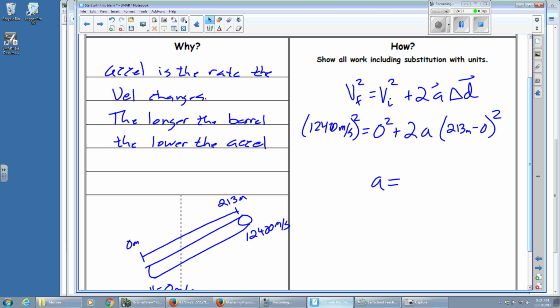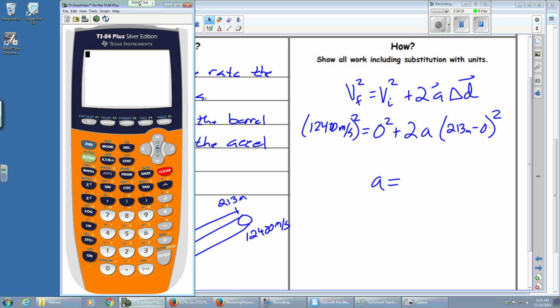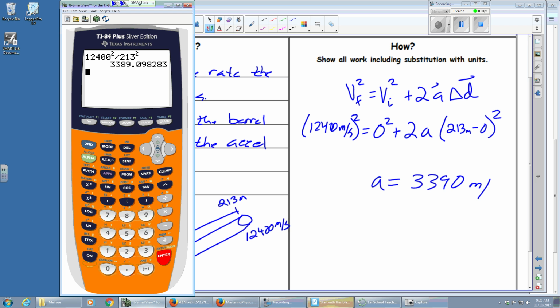Okay, so I need to pull out my calculator. And I get 3,390 meters per second squared. That seems rather large. Let's see if that's right.